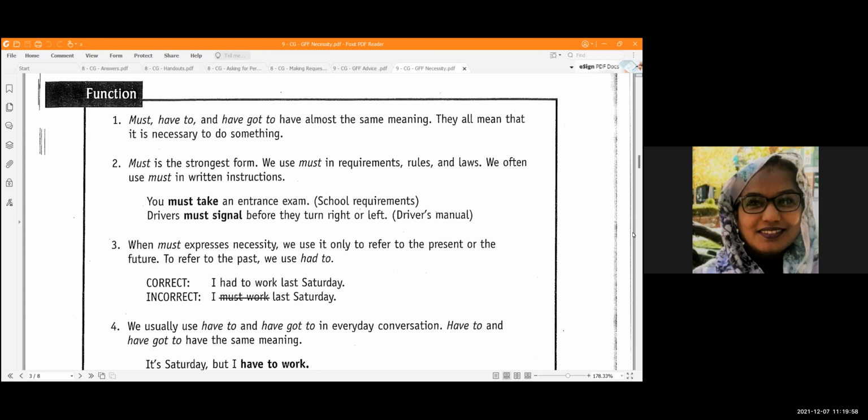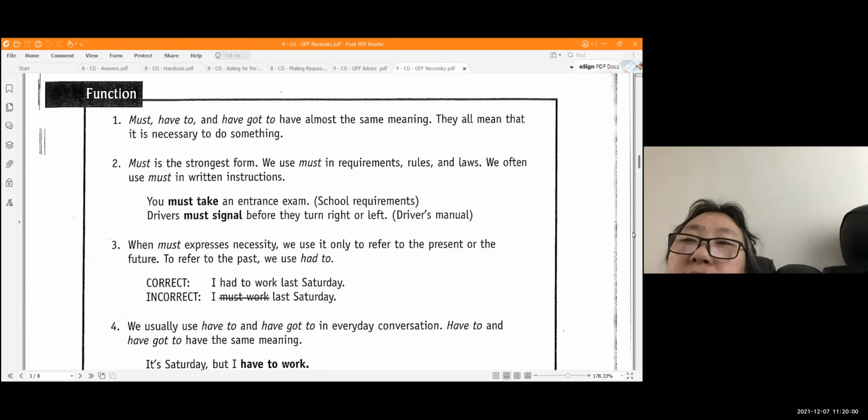When must expresses necessity, we use it only to refer to the present or the future. To refer to the past, we use had to. Correct: I had to work last Saturday. Incorrect: I must work last Saturday.